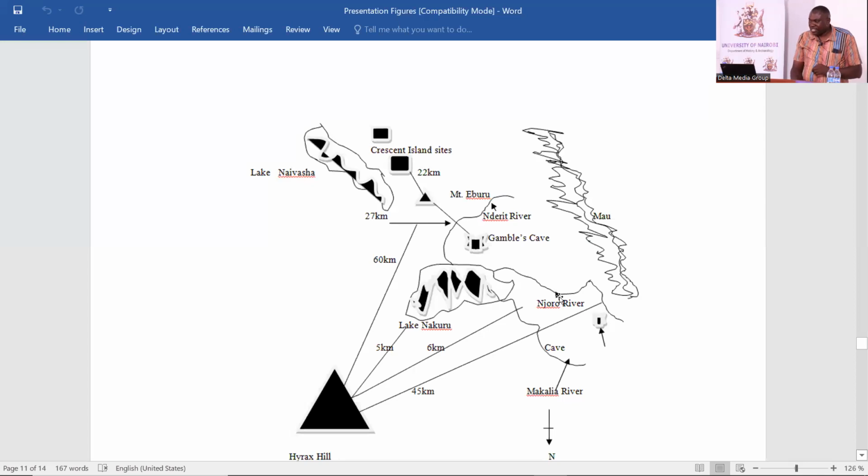In fact, the argument of these two scholars was this, that for hunting and gathering communities, the maximum distance they would travel on a landscape or a move, and when I use the word travel, I don't mean traveling using vehicles, in prehistoric times, people used to walk and roam through the landscape, was 10 kilometers, hunting and gathering. But for labor-intensive activities, like agriculture, farming, it was restricted to only 5 kilometers.